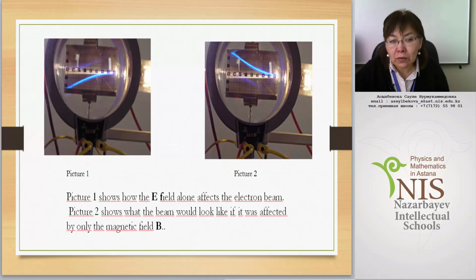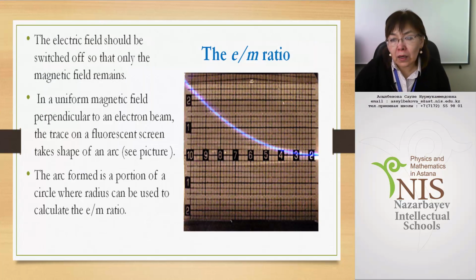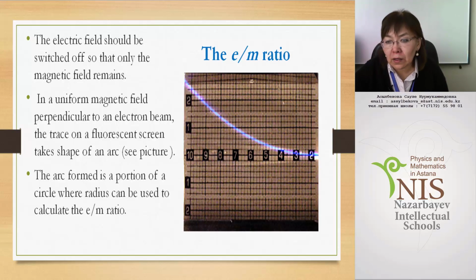So if you switch off the electric field totally and use only the magnetic field, we can easily calculate the radius of deflection. Using this arc, which you see on the screen, you calculate the radius, and the radius can be used to find the ratio of charge and mass.